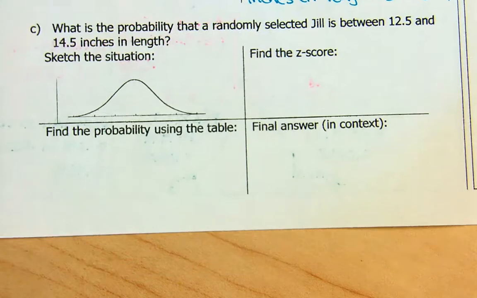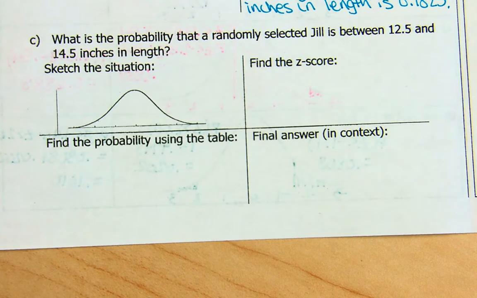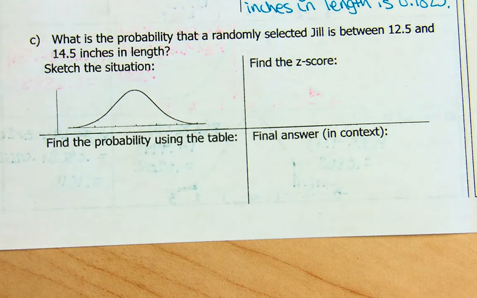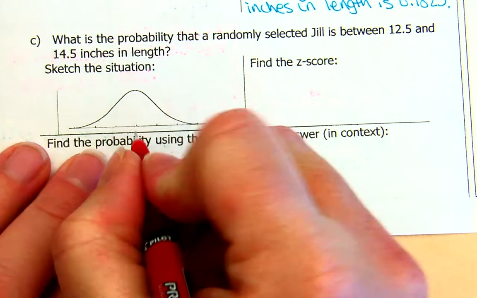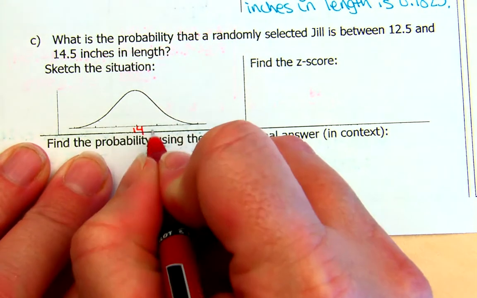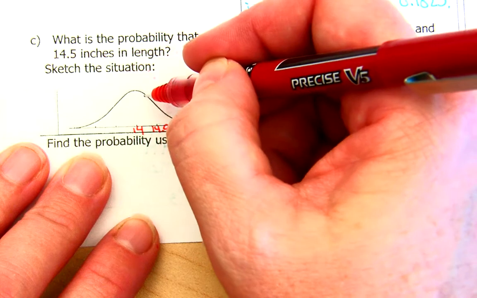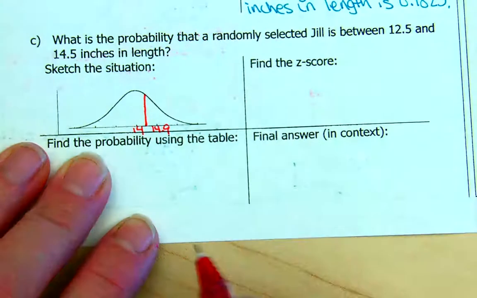Okay. So part C, we're going to do between. So what's the probability that it's going to be between 12.5 and 14.5 inches in length? So I'm going to label these values. This is my 14 in the middle. 14.5 is right in between there.